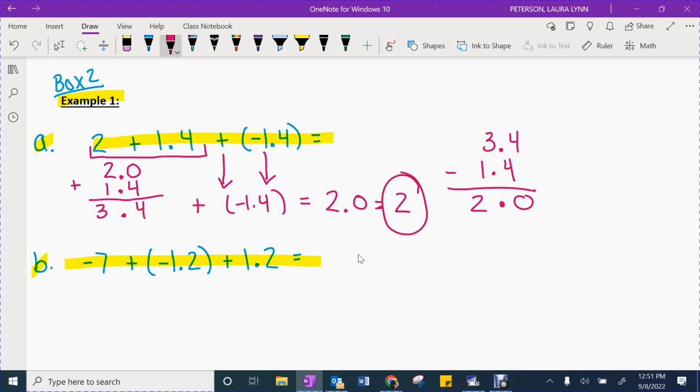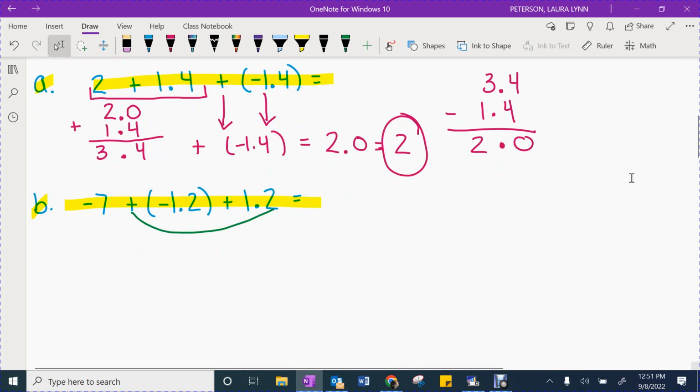Now I said I'd show you a trick. This is the traditional method. Here's a trick on B. Looking at the entire problem from left to right, I see opposites right here. Negative 1.2 and positive 1.2. Those are opposites.